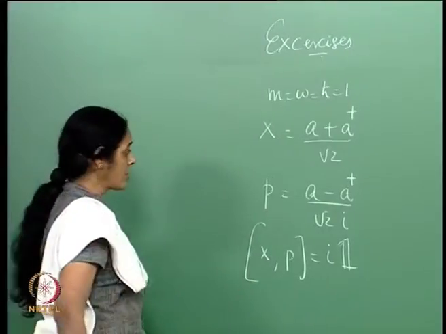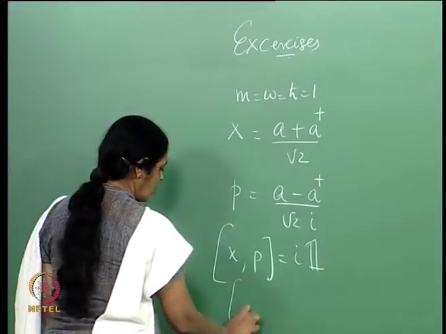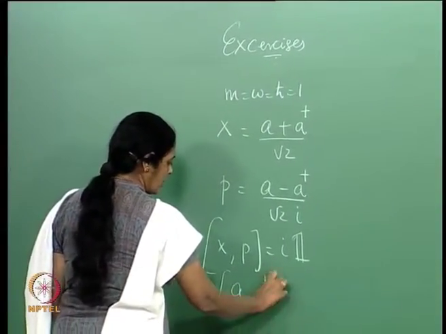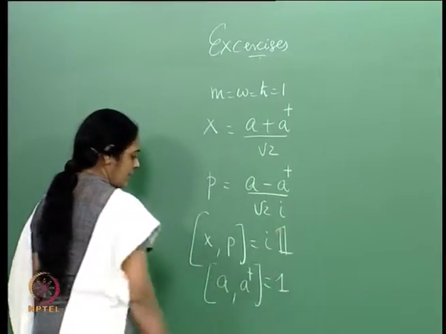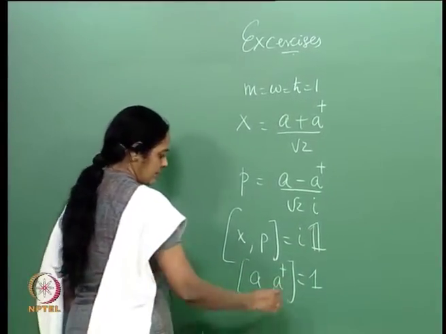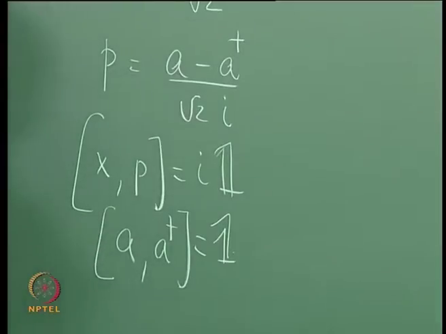I have set h cross equals 1. This would also correspond to the commutator of a and a dagger equals 1, the identity operator again.